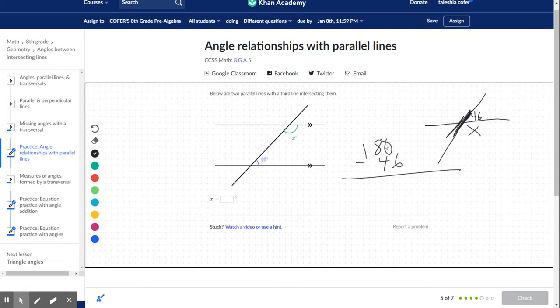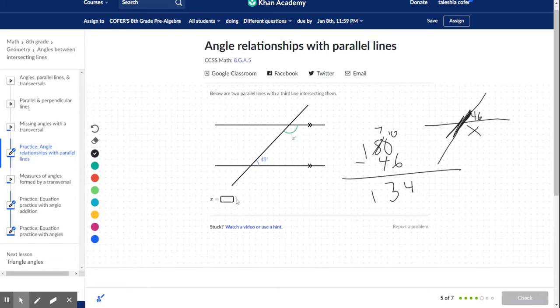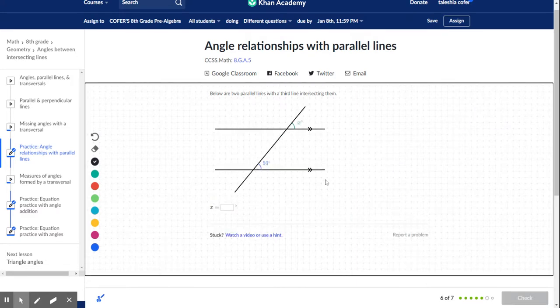I can't do 0 minus 6, so I borrow from my 8, which makes it a 7. My 0 becomes a 10. 10 minus 6 is 4. 7 minus 4 is 3. I almost forgot about my 1. 1 minus nothing is 1. I now know that my missing angle for X is 134 degrees. Two more and we're done.